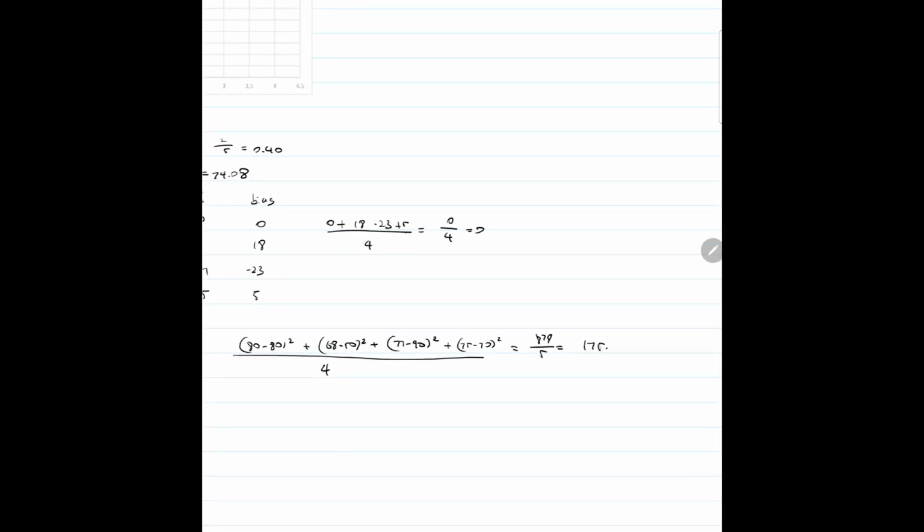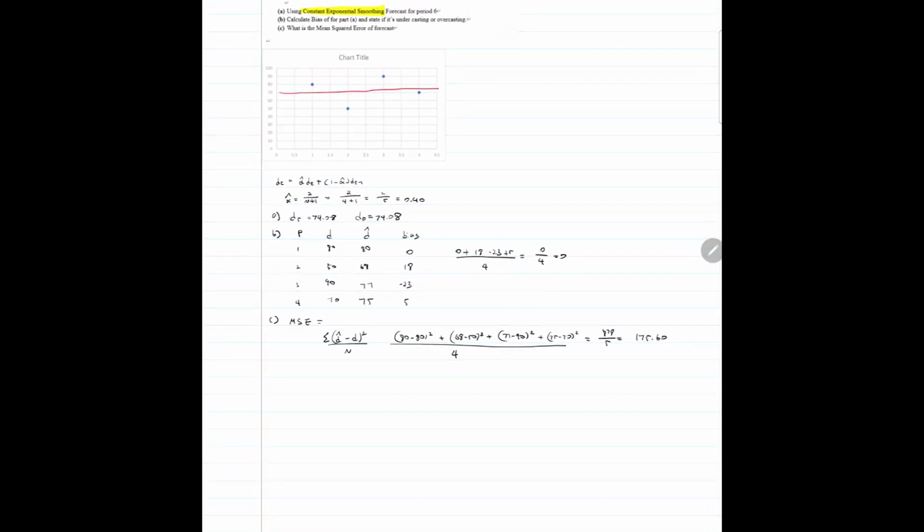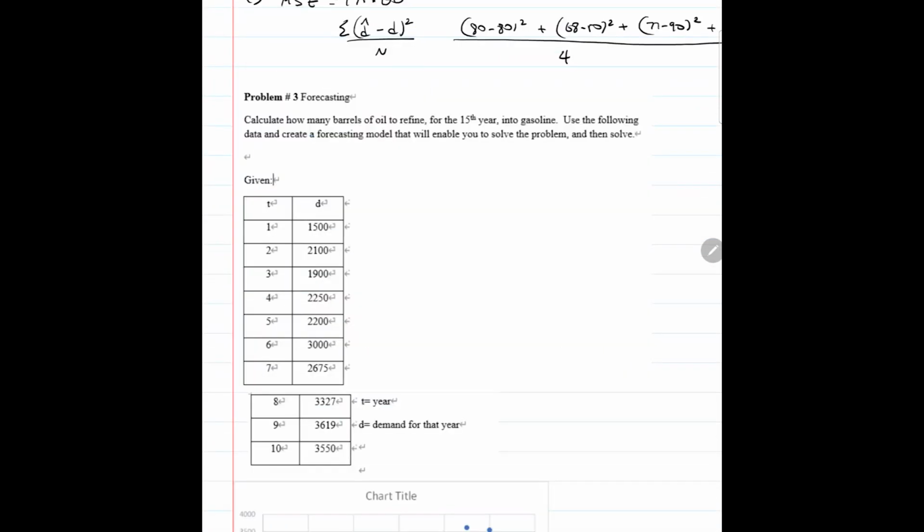So 175.60. So mean square error was 175.60. Okay, we're gonna go over problem number 3.